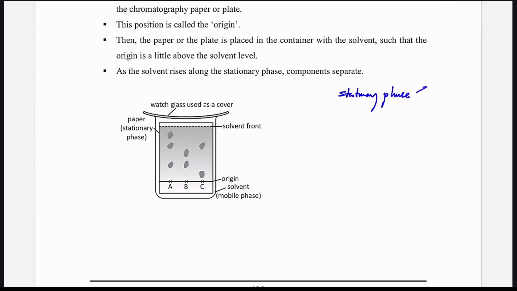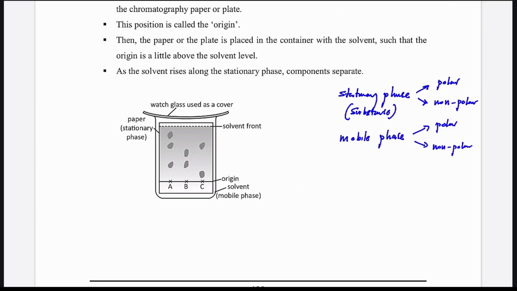This stationary phase is a substance, which can be polar or non-polar. Then there is another substance called the mobile phase. This can be polar, that can be non-polar.